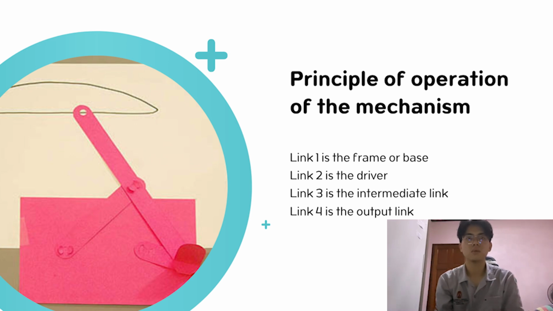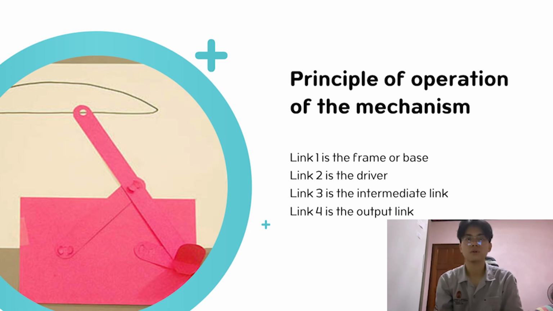Next, let's take a look at how this mechanism works. The process begins when link 2, the driver, starts moving, either rotating or oscillating. This movement is then passed on to link 3, which serves as the connection between the driver and the output.